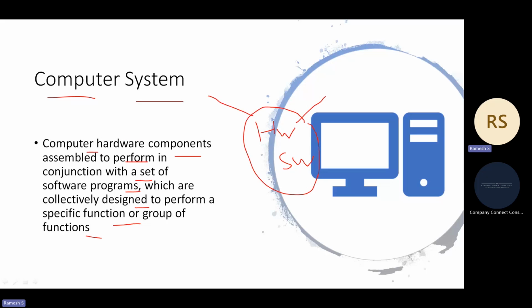Hardware may consist of CPU, server, and software may consist of application software, middleware, operating system. So all these will be collectively considered as a computer system.